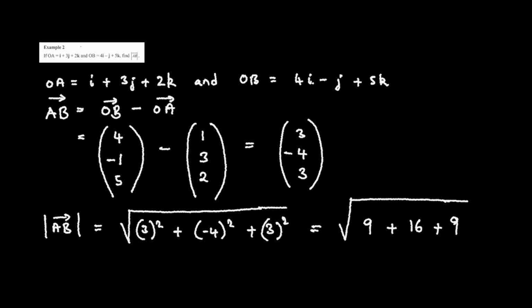So here basically we have 18 from 9 plus 9, plus 16. 8, 9, 10, 11, 12, 13, 14, then 1 up, 1, 2, 3. So it's 34. So here our answer is going to be the square root of 34.